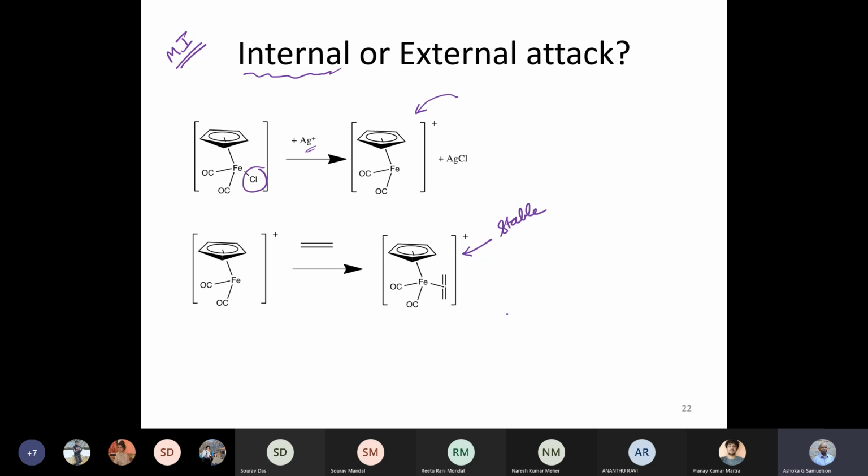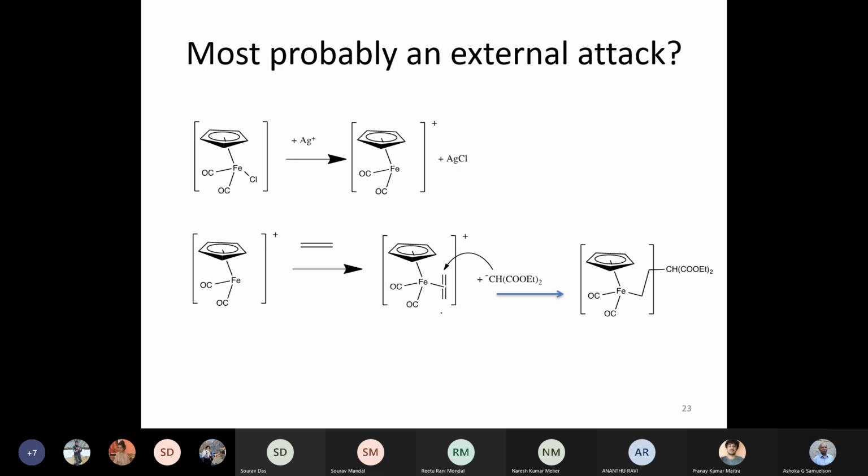Now I can do a nucleophilic attack, or I can in principle have a migratory insertion if I have a different group here. So let me illustrate for you the reaction. What was demonstrated was the following. Suppose I take sodium diethyl malonate and I treat it with this olefin complex, which is cationically charged.